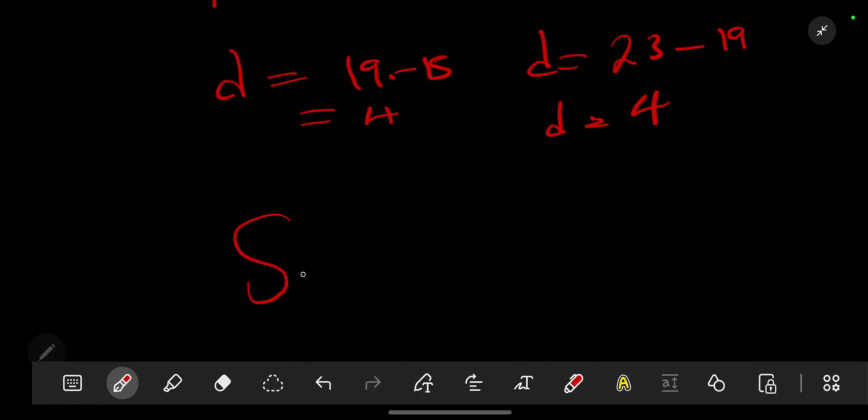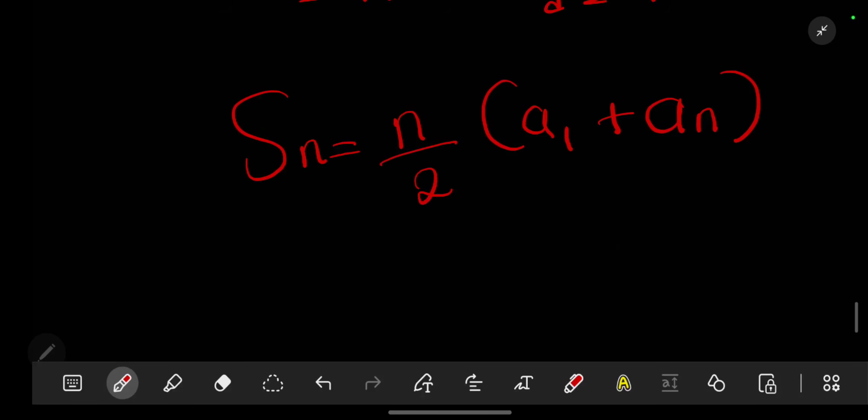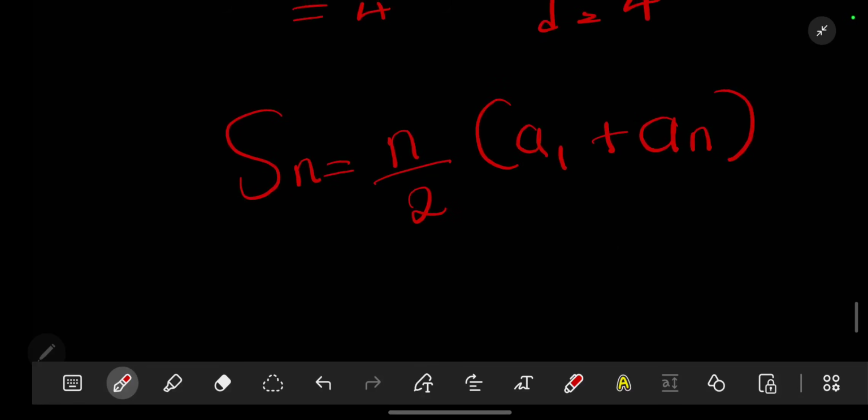The sum of an AP is n over 2 times the first term a1 plus the last term an.